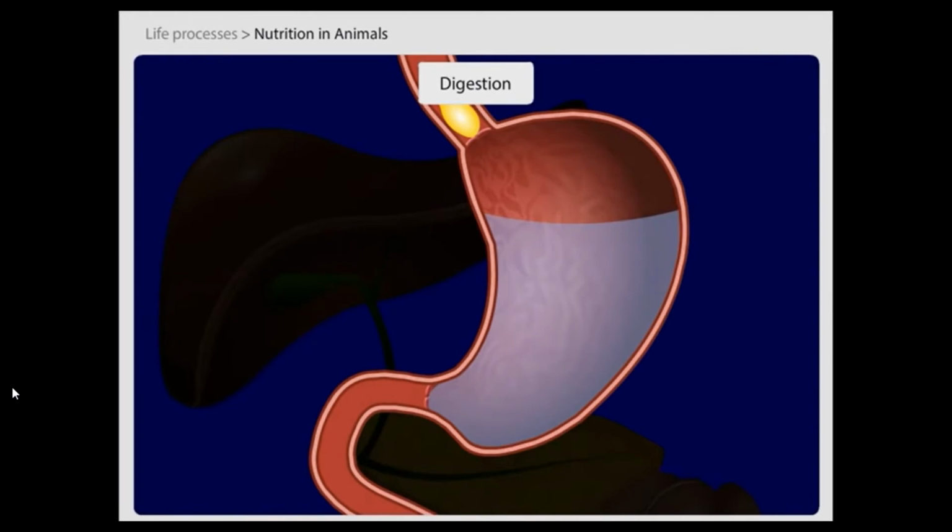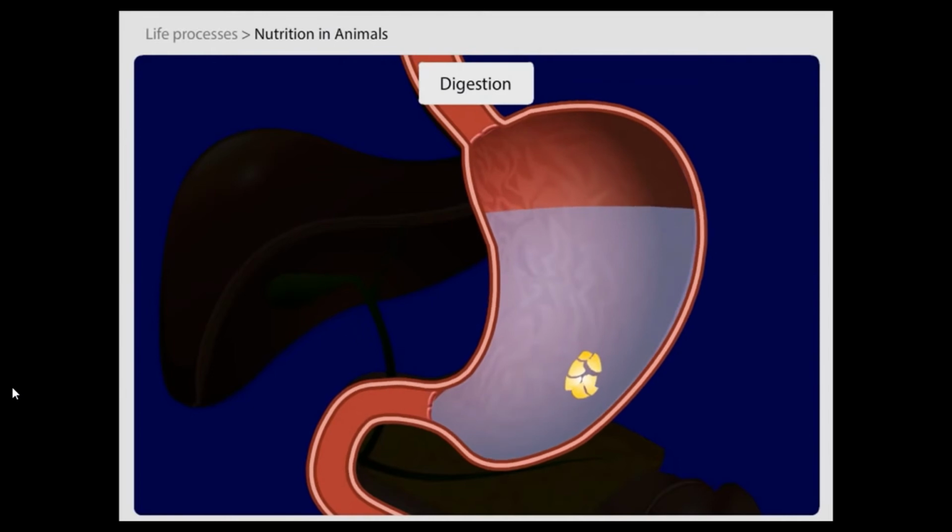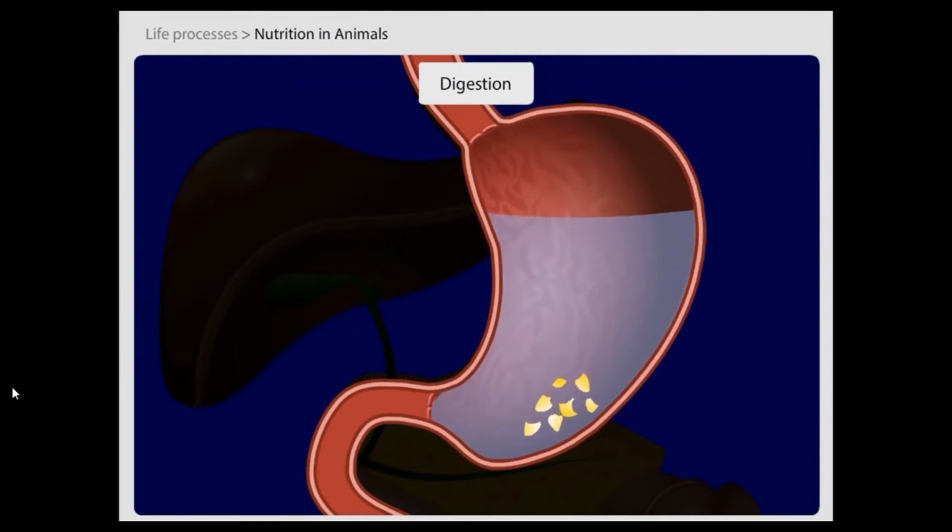The stomach is a J-shaped organ present on the left side of the abdomen. The food that enters is churned inside the stomach for about 3 hours. During this time, the food breaks down into still smaller pieces and forms a semi-solid paste.